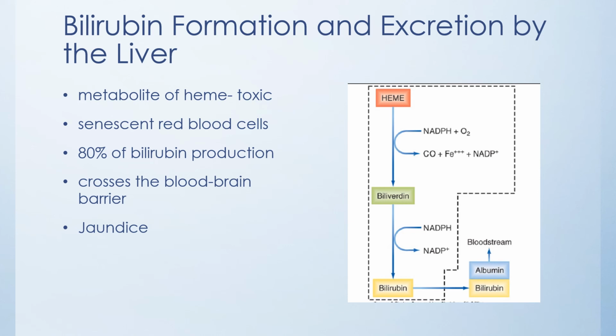So this unconjugated bilirubin will be conjugated in the liver, and this conjugated bilirubin will later on be transformed into bile, and this bile will flow to the small intestine, and some will also go to the kidneys.